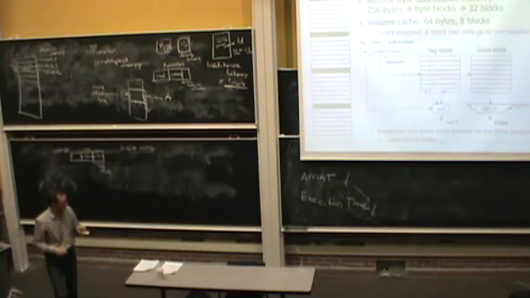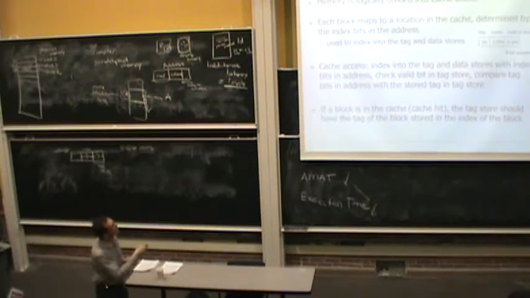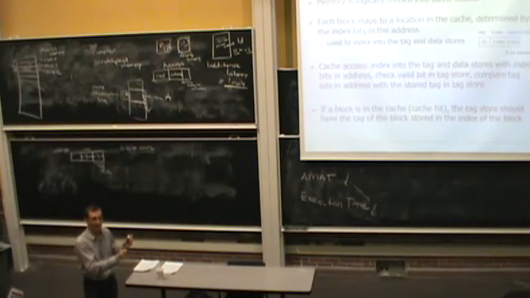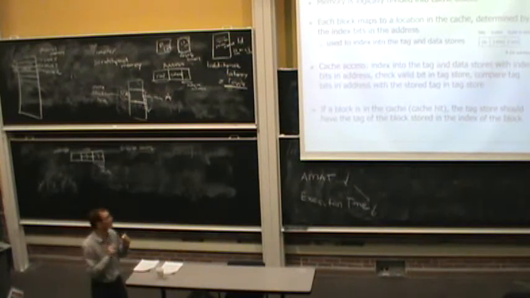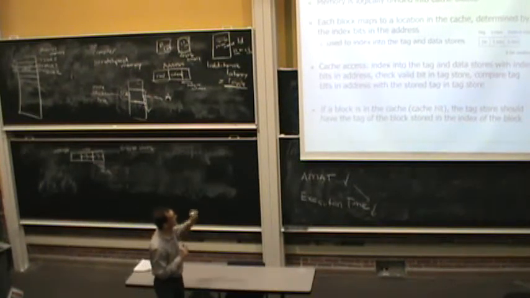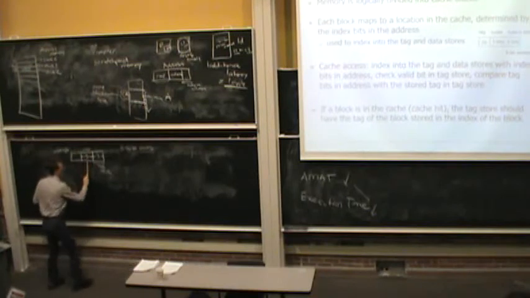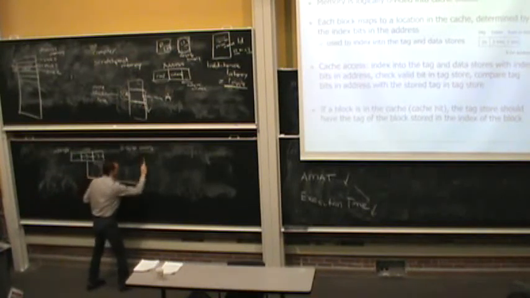That's the notion of the index bits. Each block maps to a location in the cache, and this is determined by the index bits in the address. The number of index bits is determined by how many locations are in the cache. I'm assuming something here which will become clear later on; that's not necessarily true. But you use these index bits to index into the cache structure.